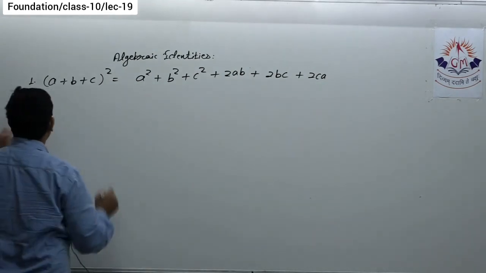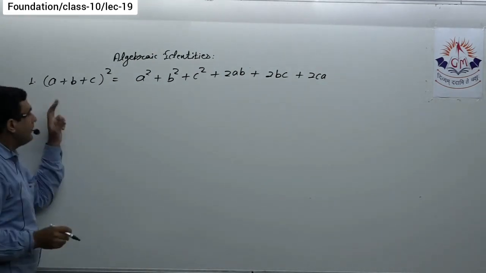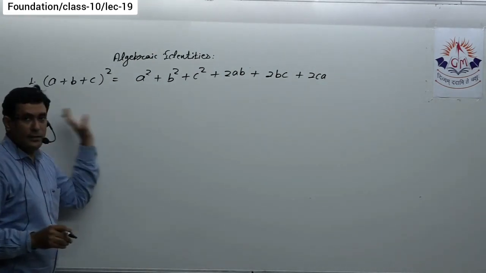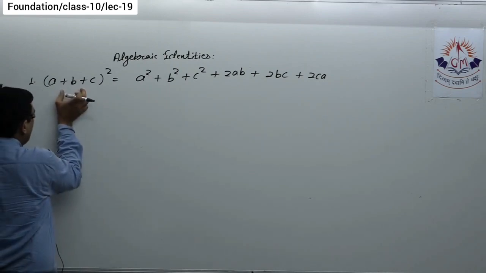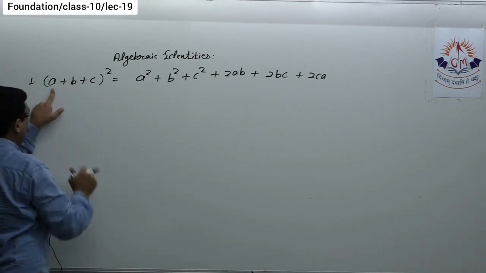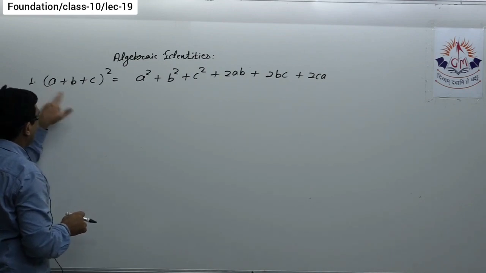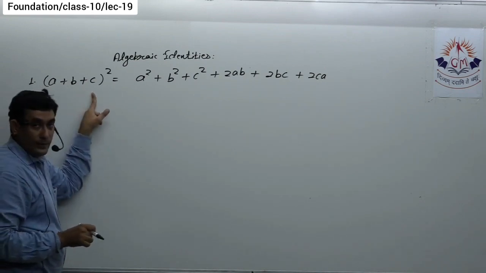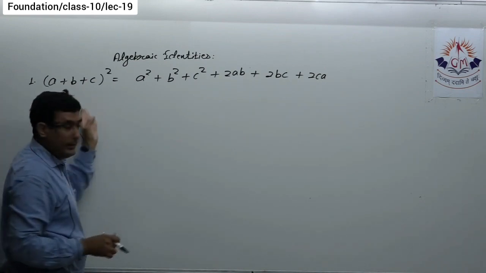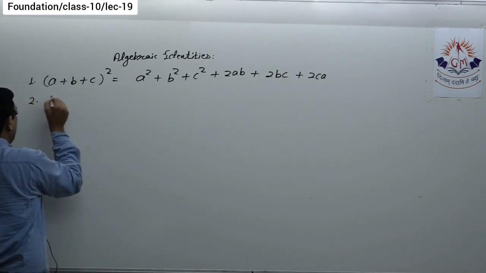Now see, when I say 8 versions, that means I can change the signs. Suppose I make these two negative and keep this as it is, that means positive, or I make all three negative, in that way I will get different versions.